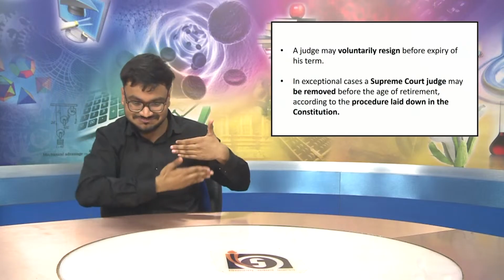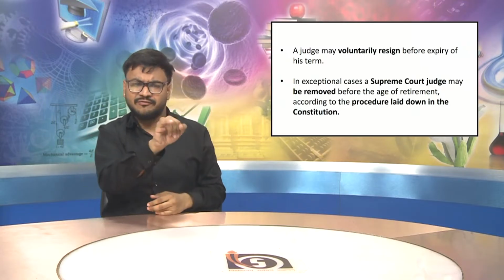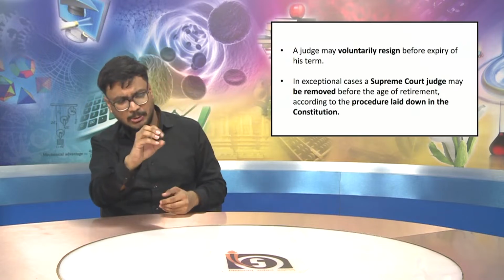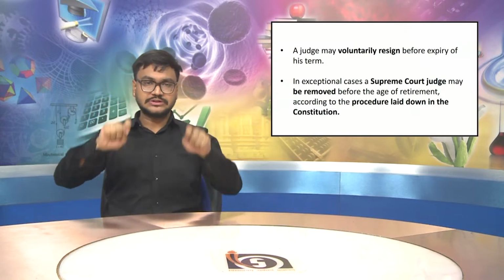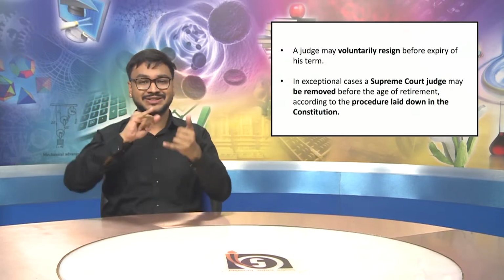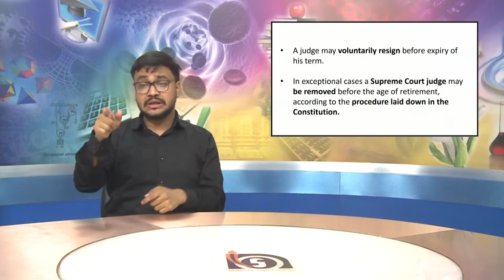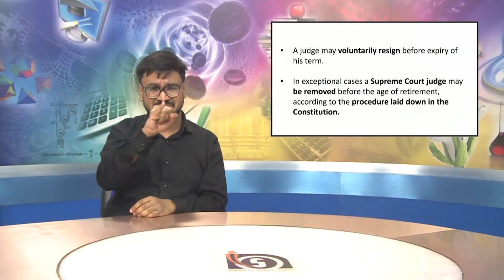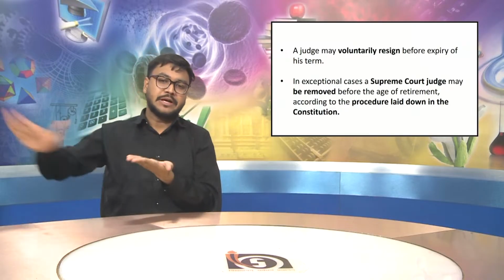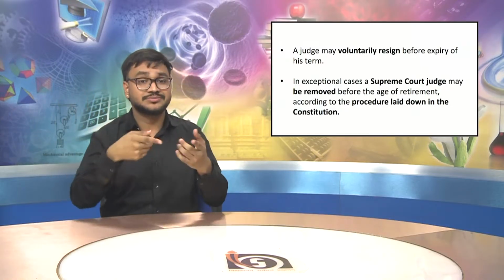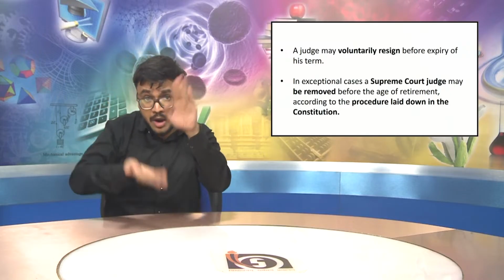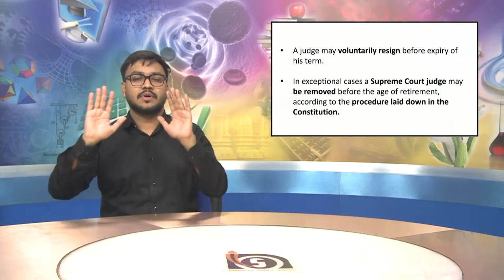Second, a judge may voluntarily resign before expiry of his term. Next, in exceptional cases, a Supreme Court judge may be removed before the age of retirement, according to the procedure laid down in the Constitution.